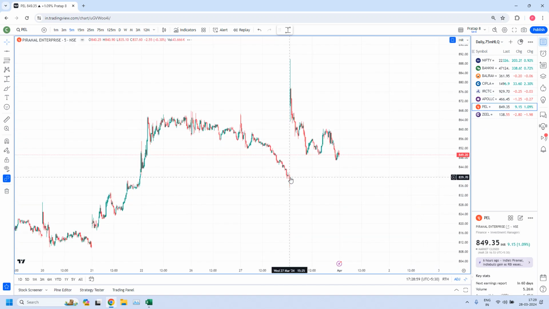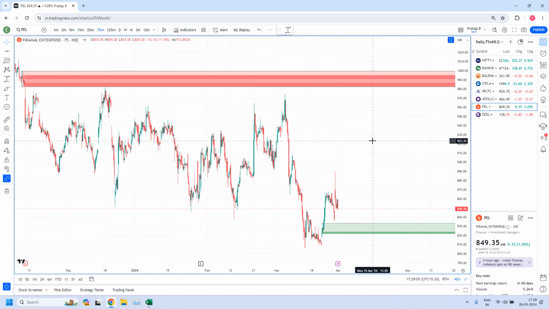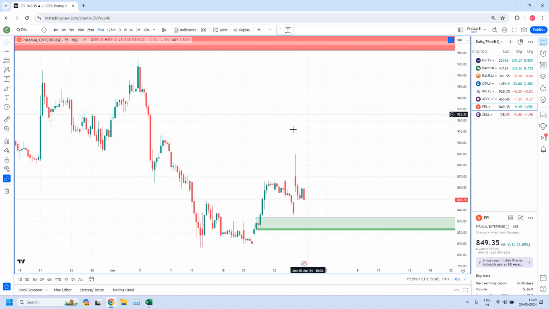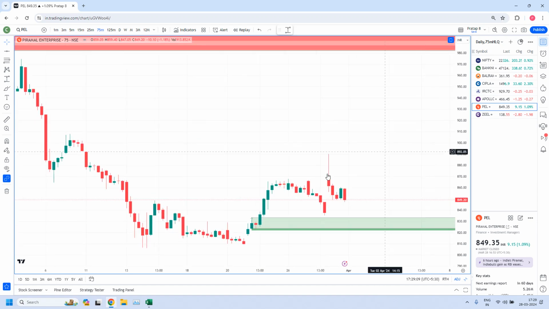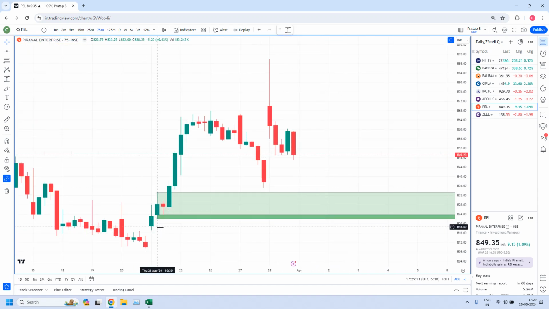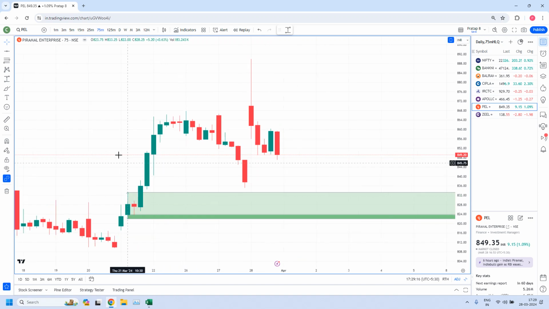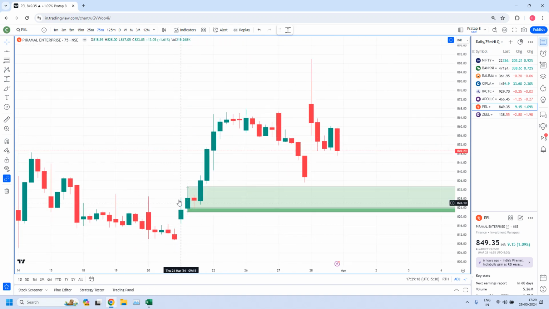Next one is PEL. PEL is a 75 minutes demand zone. So we have this rally candle by adding the hidden body, I think 2 base candles, not 3, 2 base candles and a leg-out and follow-through candles.